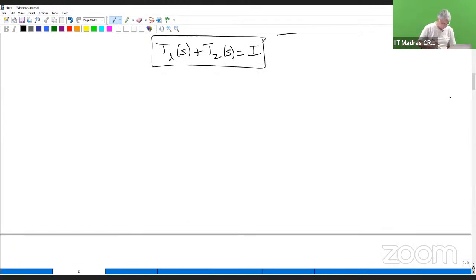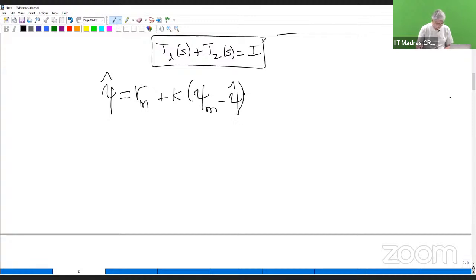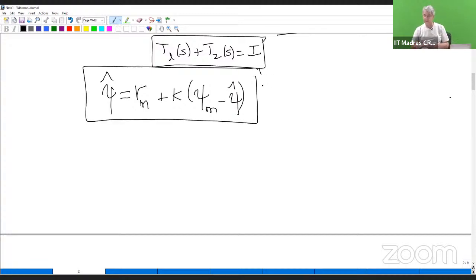Now, if you look at that figure that I had before, you can see that what you are implementing in code is simply psi hat dot equals the rate measurement plus K times (psi measurement minus psi hat). This is what you implement in practice.